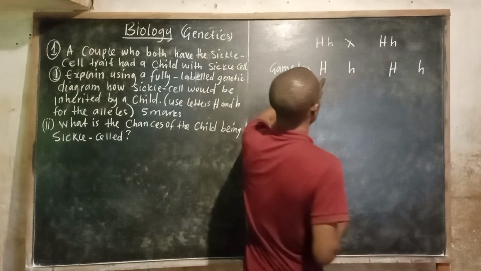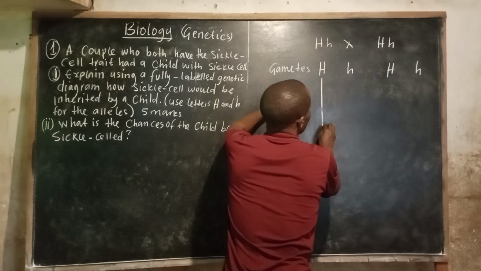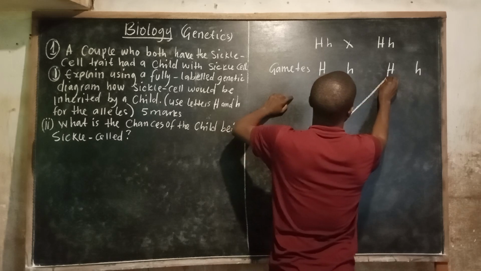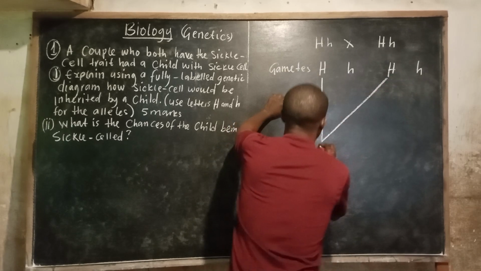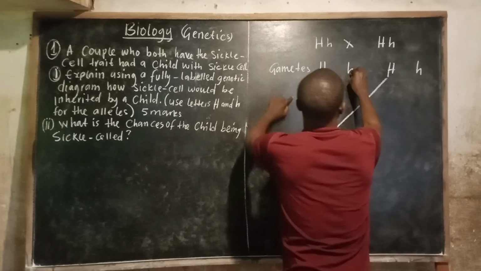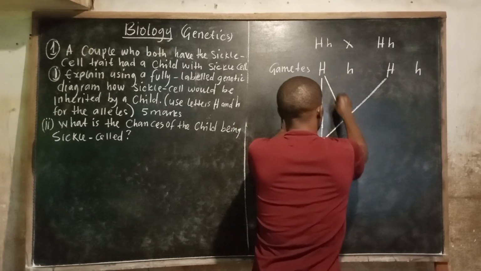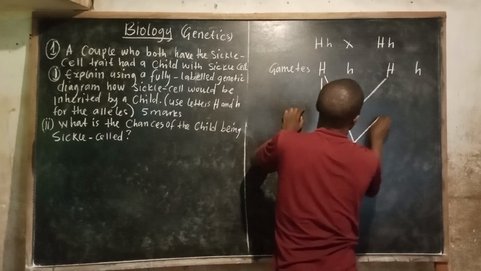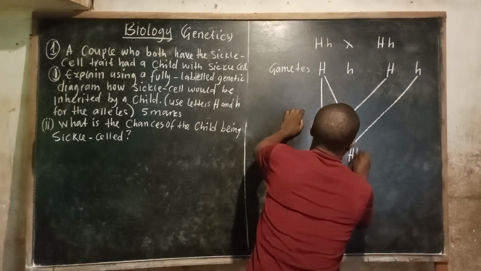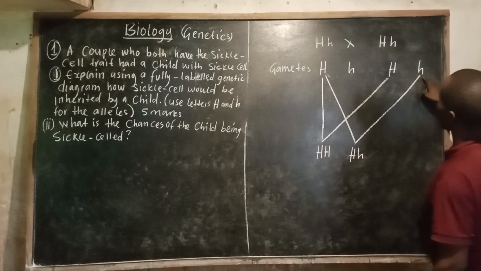So we are starting with this one. The way we draw the genetic diagram, it goes like this. This one will marry this one, and here, as you can see, we are going to have HH, the big letters. Then this same one is going to marry this one, and here we are going to have Hh.